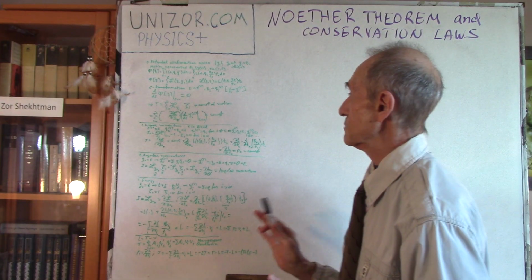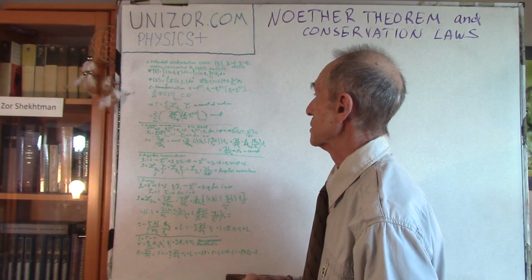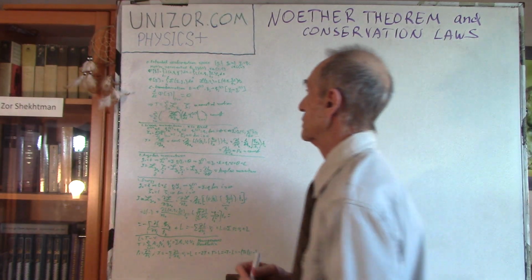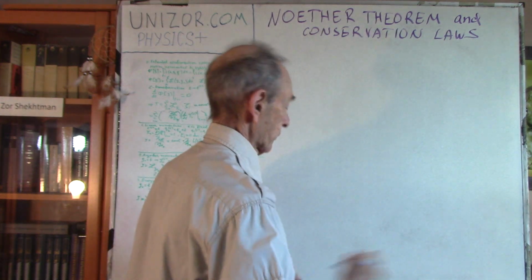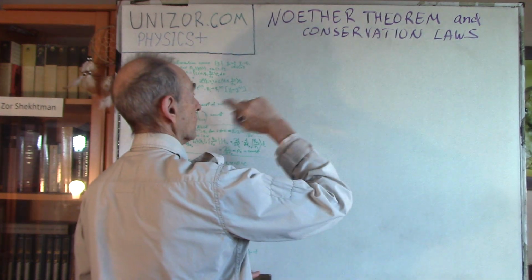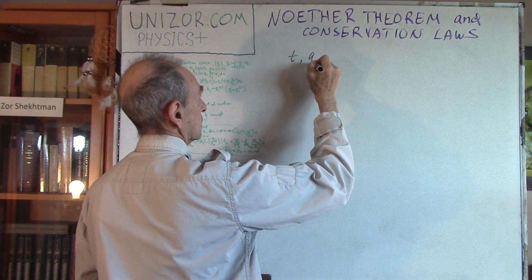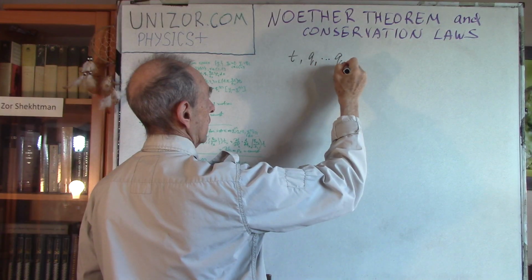All right, so let me just very briefly remind what was discussed before. So first of all, we did talk about generalized coordinates, which are time and q1, etc., qn.